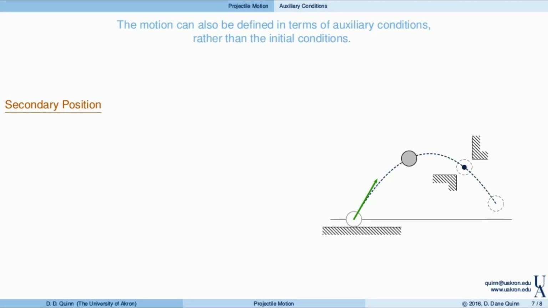Initially we said, of course, that the trajectory and the dynamics of the system are completely defined in terms of the initial conditions. So if I know the initial conditions, I can determine what happens in the future. But oftentimes we like to define the trajectory in terms of auxiliary conditions, perhaps conditions that must be met in the future.